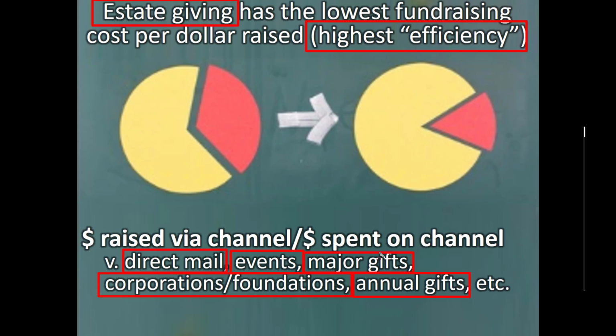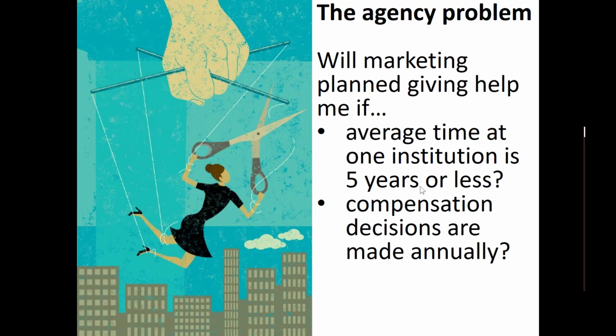At least we do see that statistical association. So this is the core problem that we're dealing with, which is the agency problem, and that is there is a time delay between the investment in planned gift marketing and the reward in planned gift marketing. This time delay is not just an agency problem, it's also a problem of knowing how to do things the right way.